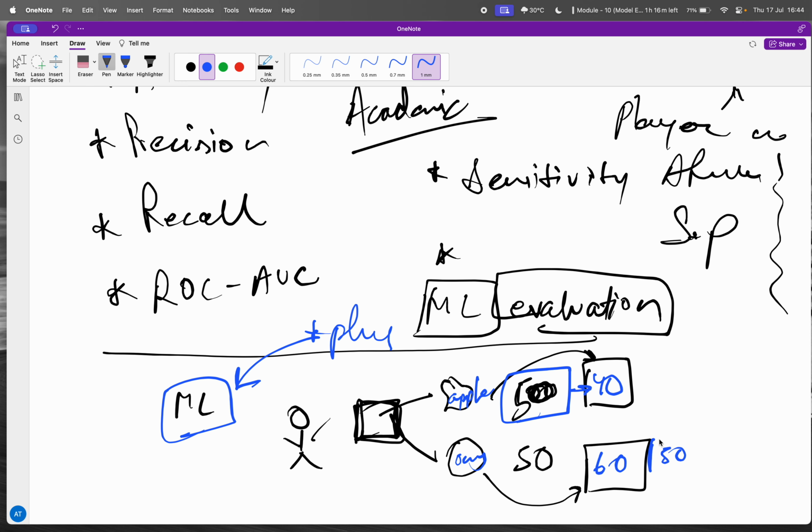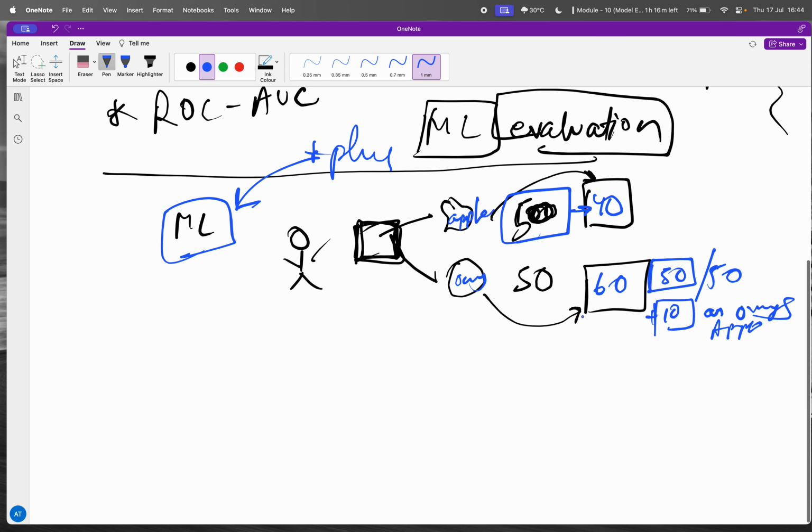It classified all 50 oranges correctly, but it classified 10 more as oranges, which were actually apples, right? To evaluate this kind of stuff, we need evaluation matrices, right?